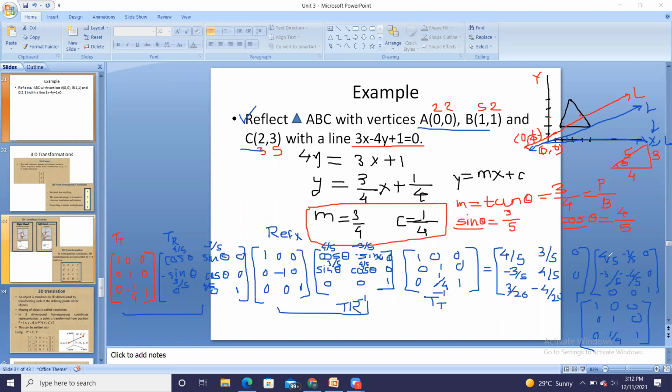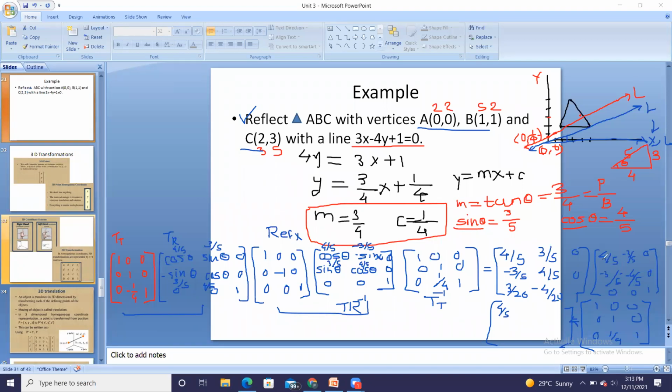Perform this multiplication 4 by 5 into 1. So I will write that result here, so that this multiplied by the resultant, I can get the final answer. So 4 by 5 into 1, it is 4 by 5 itself.